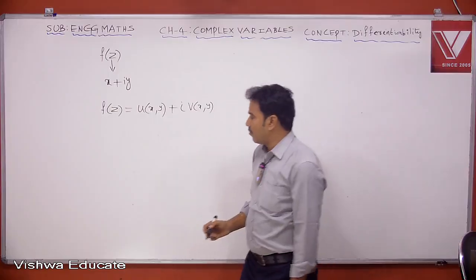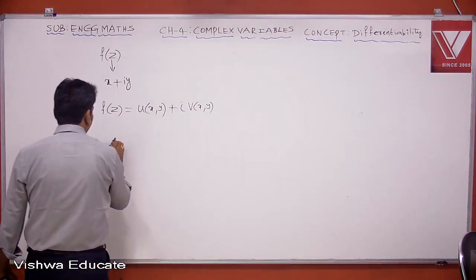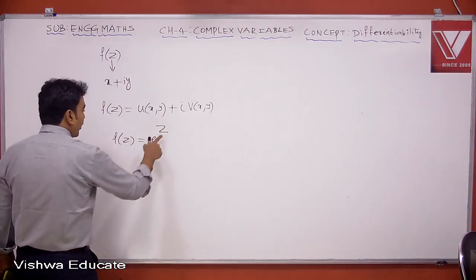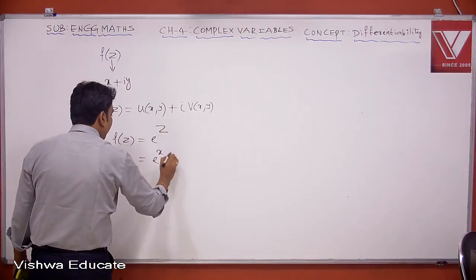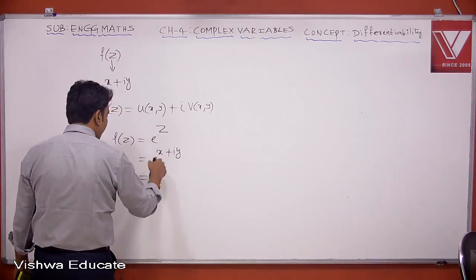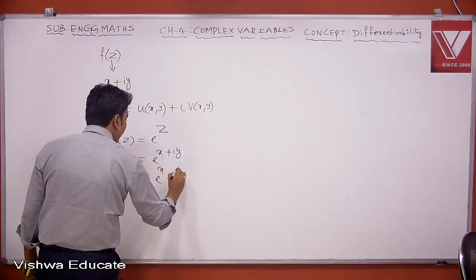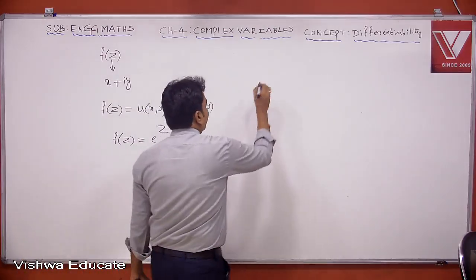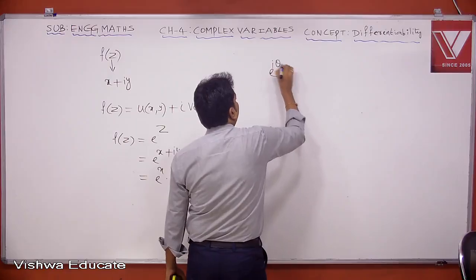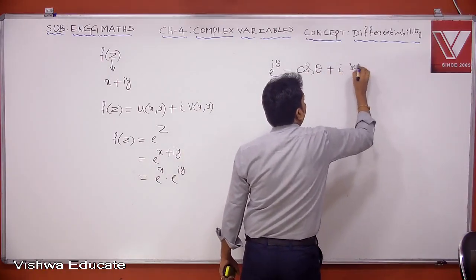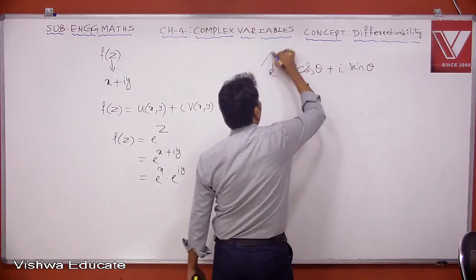Let us take an example. Suppose I have f of z equal to e power z. Now replace z by x plus iy. This is e power x plus iy. So this is e power x into e power iy. Now we have one important result. E power I theta is nothing but cos theta plus I sin theta. Very useful result.